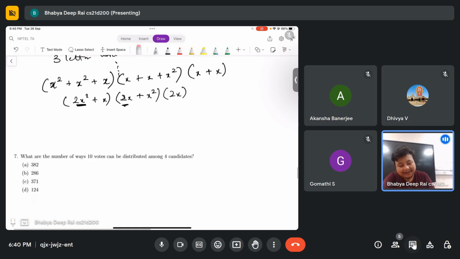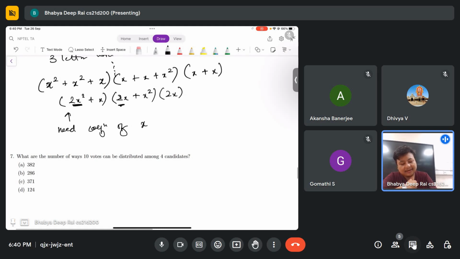But finally, by the intuitive logic I have, I need the coefficient of x to the 4. Why? Because I'm looking for the number of 4-letter words. Because x to the 4 represents 4-letter words, the coefficient of x to the 4 actually represents how many 4-letter words I can form by this multiplication.